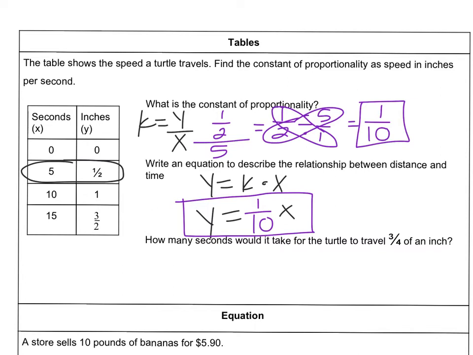Well, my inches was my y value, so I can plug that into the equation. So I have 3/4 equals 1/10 x. And x is my number of seconds, so I'm looking for seconds.